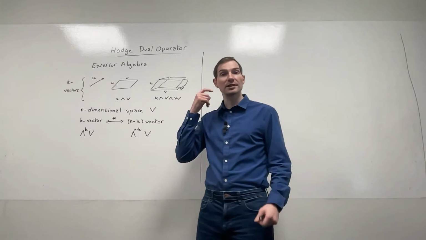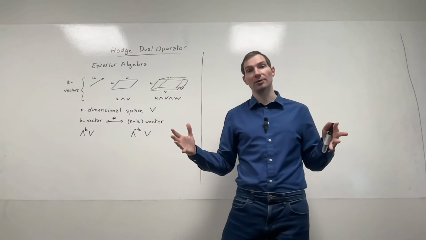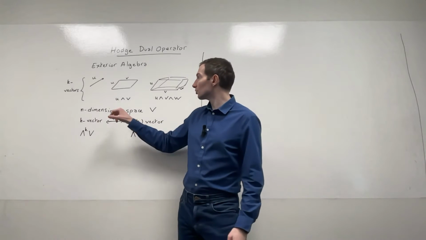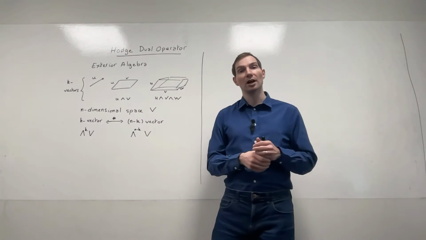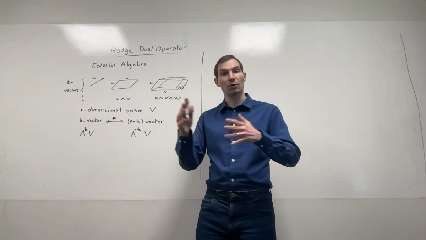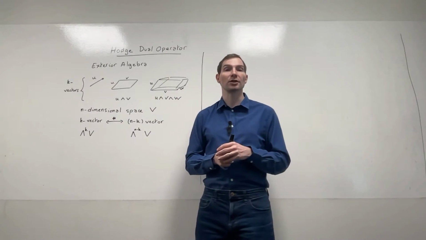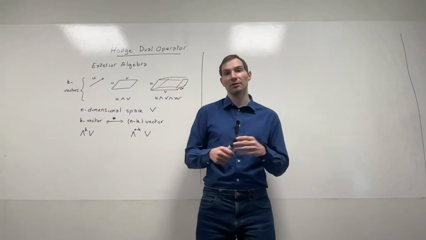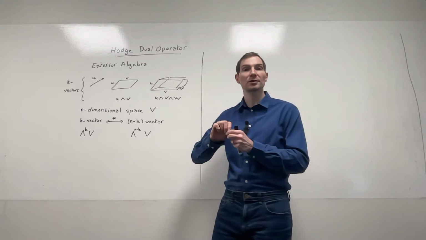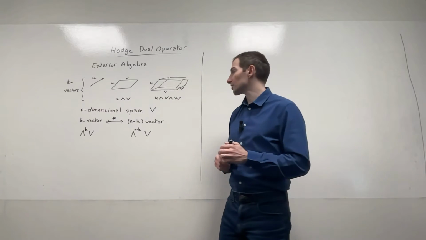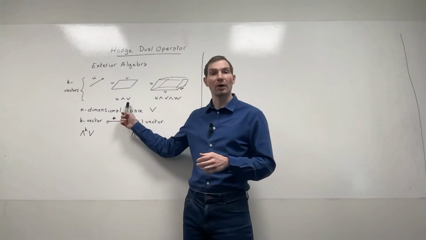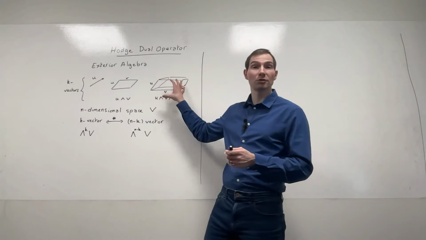So for example, let's say you are in a space in 3 dimensions, and you look at a parallelogram. You look at the set of all possible two vectors, so all possible parallelograms that you can look at. The dual of this is going to be the set of all possible oriented segments that are complementing all of these parallelograms, essentially to get cuboids.